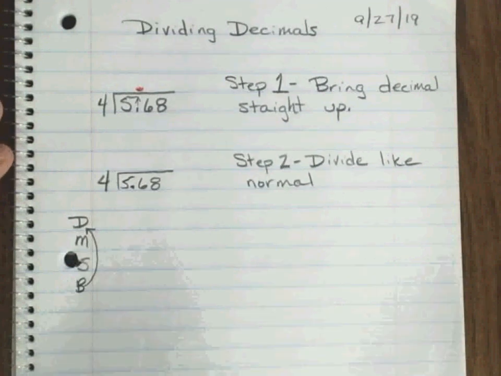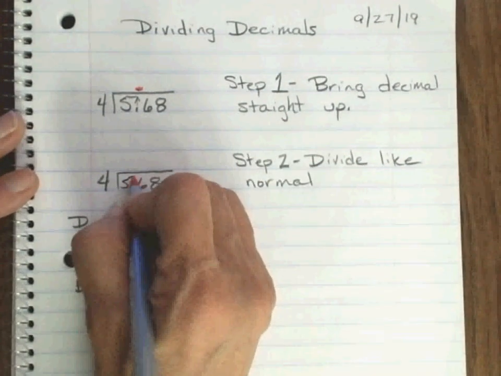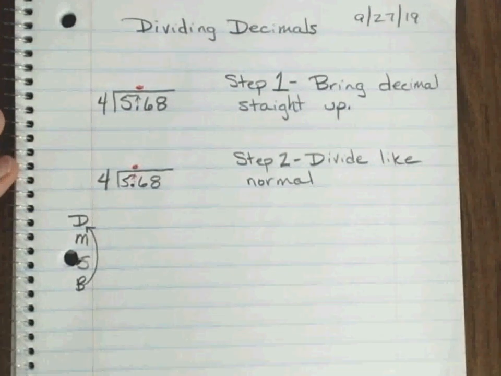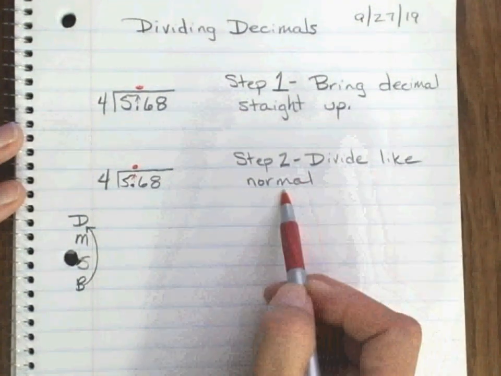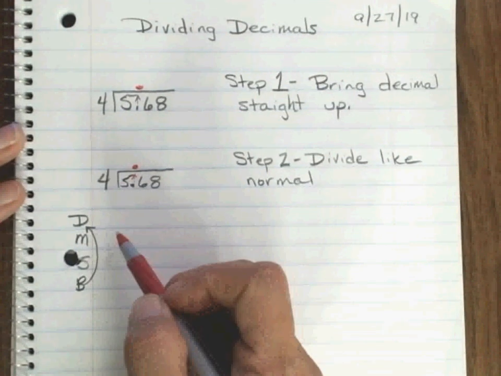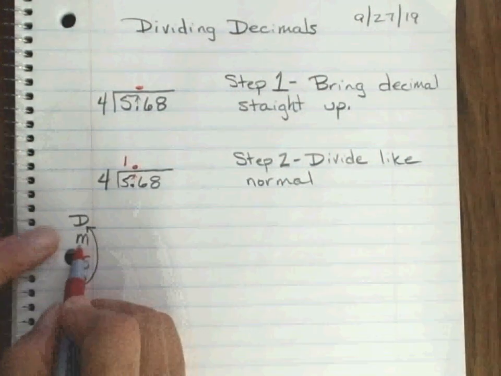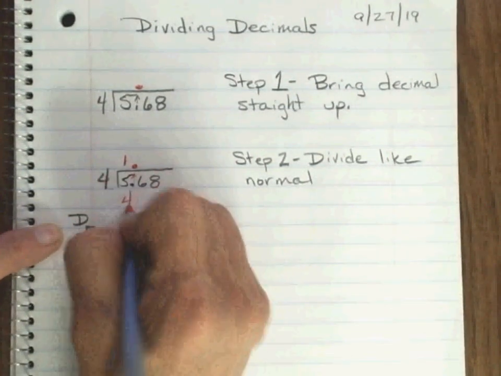Okay, so step 1 said to bring the decimal straight up. So I'm going to do that. And now step 2 says divide like normal. All right, so I'm going to ask myself, how many groups of 4 can fit into 5? 1. Now I'm at multiply. 1 times 4 is 4.